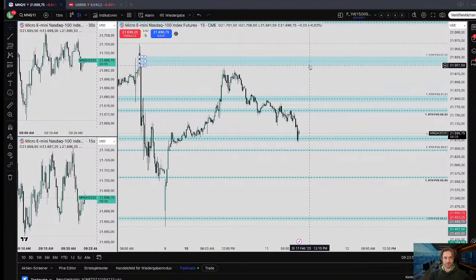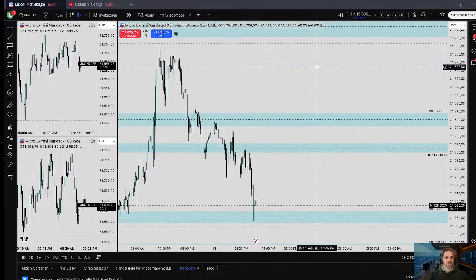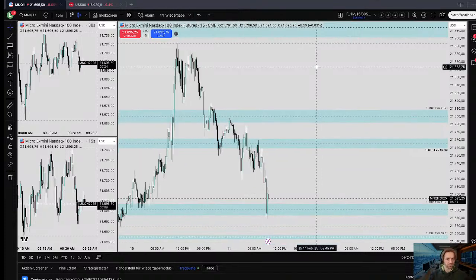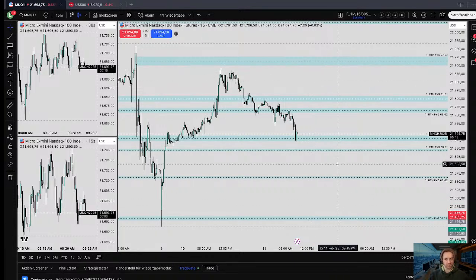I don't want to see the 15-minute candle closing above the first RTH fair value gap from the 7th of February and showing me strength. I want to see it weak. I want to see it trying to get above there, but being rejected and then crashing down lower.